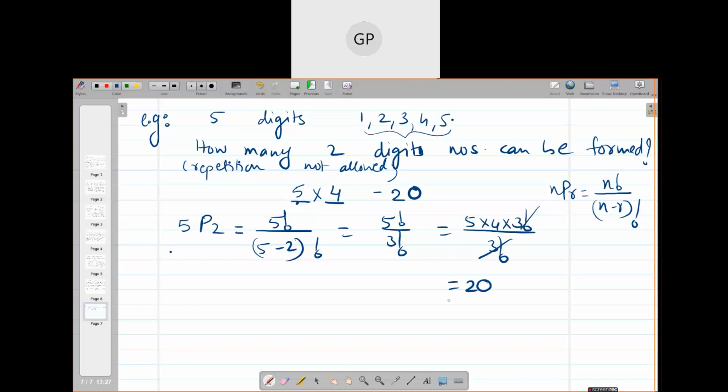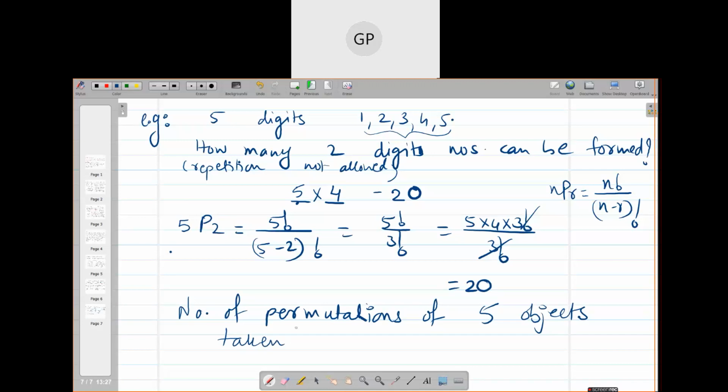Yes, ma'am. So we say that it is the number of permutations. See how we are saying it. Number of permutations of how many objects? Of 5 objects. In total we have 5 objects available, taken 2 at a time.